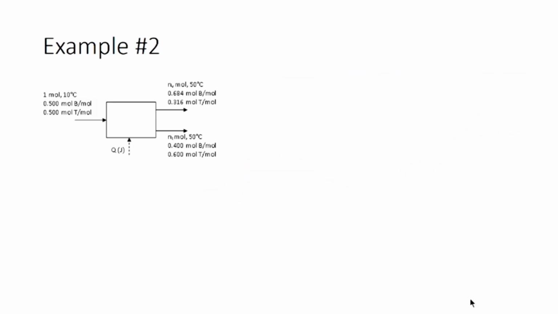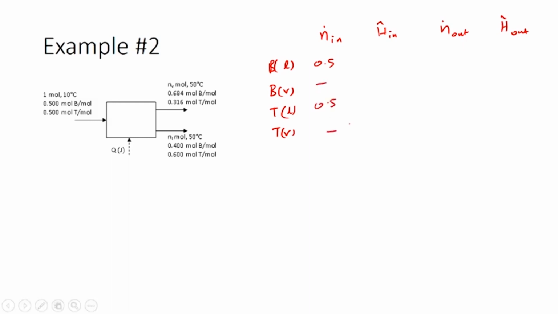Once we perform all the calculations, the enthalpy table can be completed and it would look like this. You would have benzene liquid, benzene vapor, toluene liquid and toluene vapor. You have inlet flow rates, Ĥ in, and outlet flow rates, Ĥ out. So, when we fill the table it will be 0.5, 0.5, and you do not have anything coming in here, and these values would be 0 because of the reference states.